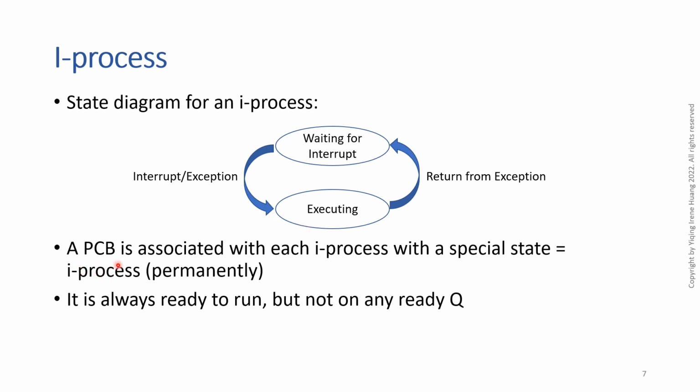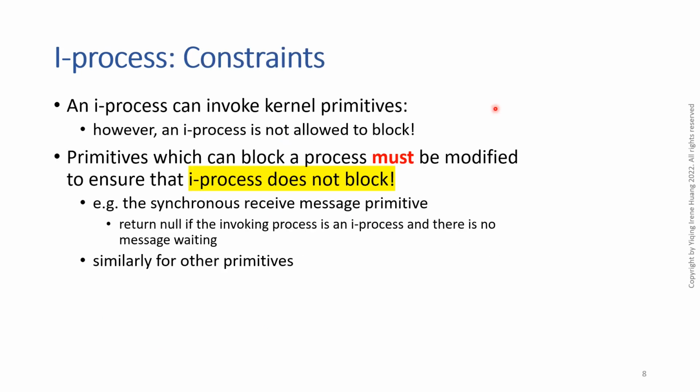So we can have a PCB that is associated with the I process, and we can give it a special state called IPROC, permanently. And it's always ready to run, but it is not on any ready queue. So this I process is very special.